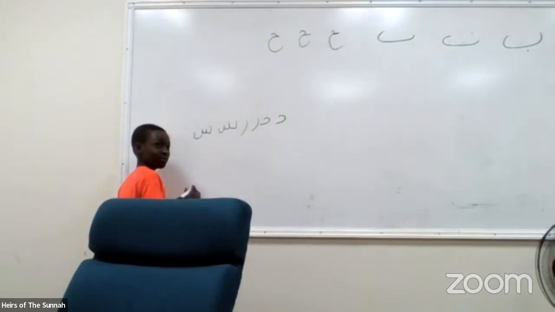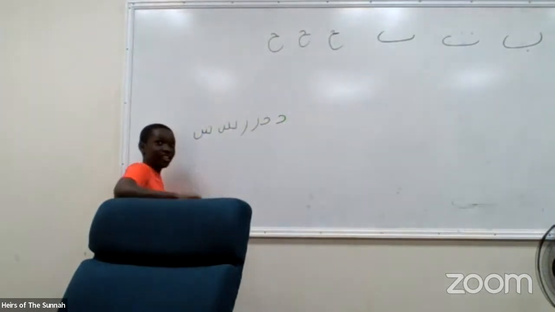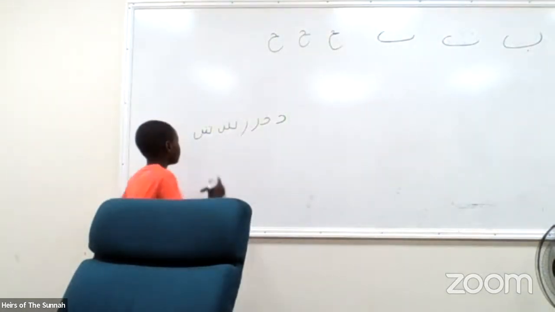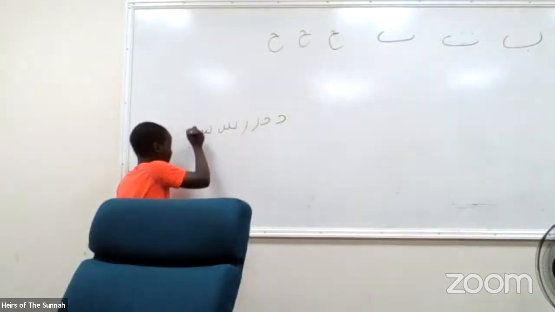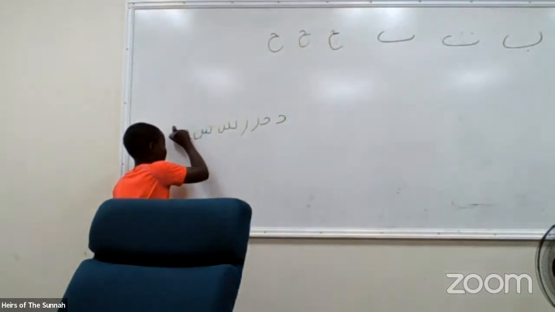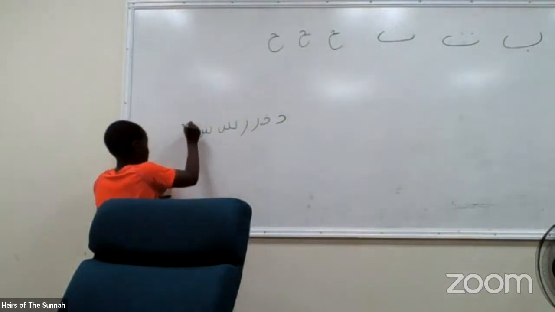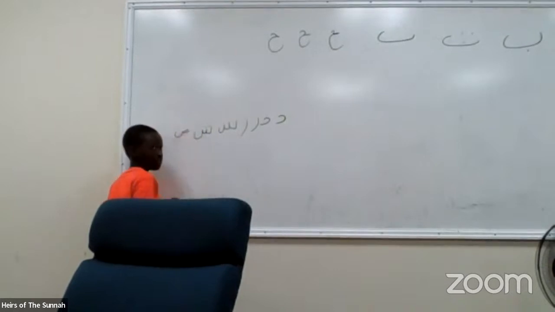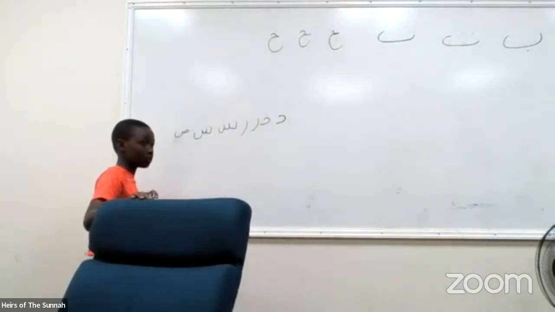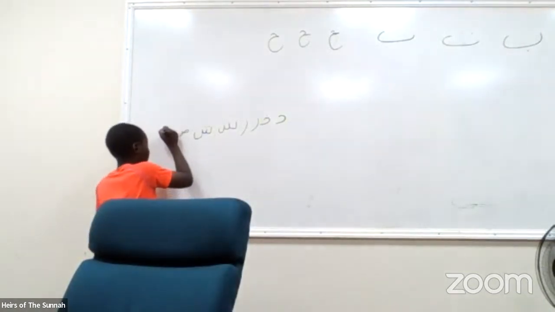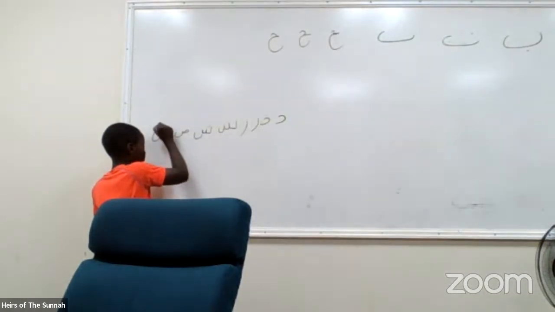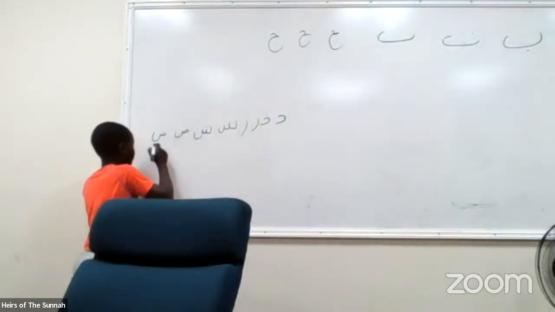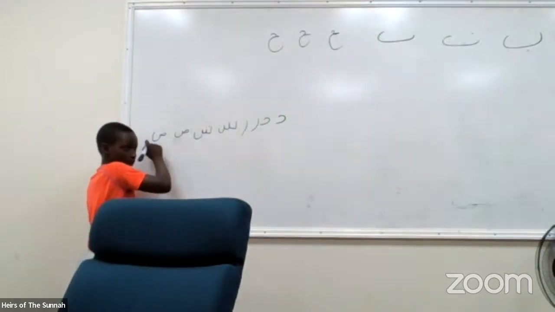And then after it's saad, and the sound that saad makes is sauce. And then after that is daad, and the sound that it makes is dog. And then after is taa.